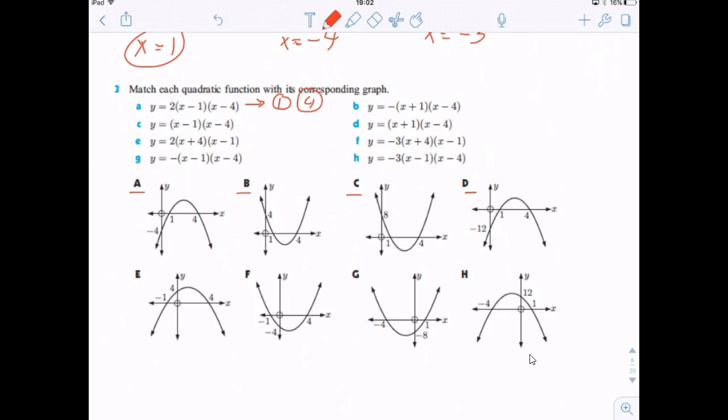Well, remember that if you multiply by an a factor that is positive, then it opens up. Okay? So in this case, I have eliminated a and I've eliminated d. So now it's between b and c.